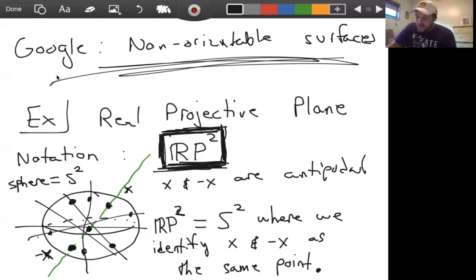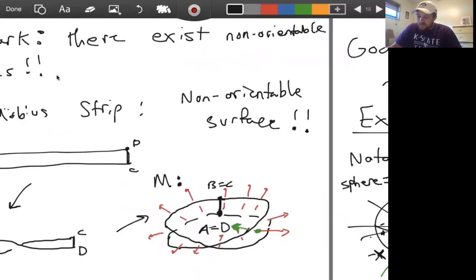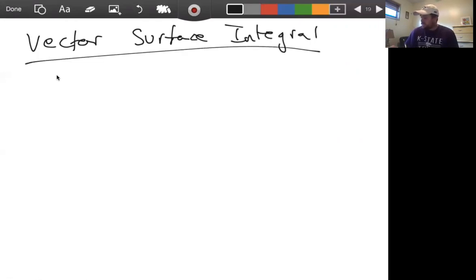Okay, so now that we've gotten all of this about orientable and non-orientable surfaces out of the way, we're only going to talk about orientable surfaces. And we're ready to define the vector surface integral. First, let's understand what the vector surface integral is doing. So here's the idea.